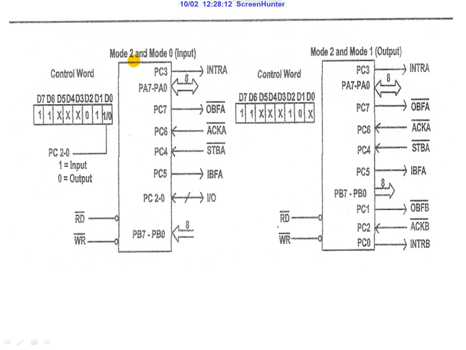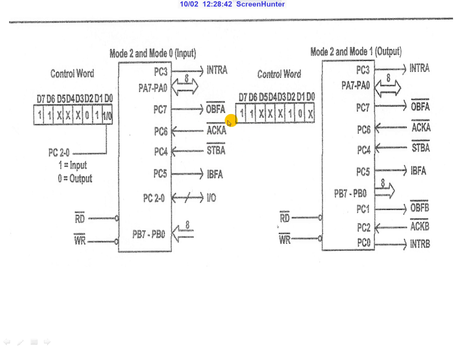Here mode 2 and mode 0 have been programmed. Mode 2 is for port A and mode 0 is for port B, and here we have programmed mode 2 for port A and mode 1 for port B. The control words are being given. PC3 is going to be used as the A port's interrupt request pin, and this is for output.